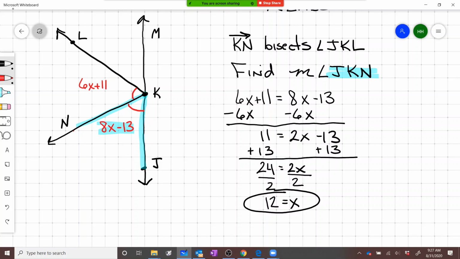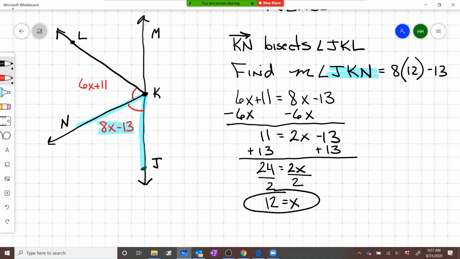But that's not what they asked for, is it? So we've got to substitute to find the measure of JKN. It's going to be equal to 8 times x, which is 12, minus 13. What's 8 times 12? 96 minus 13.